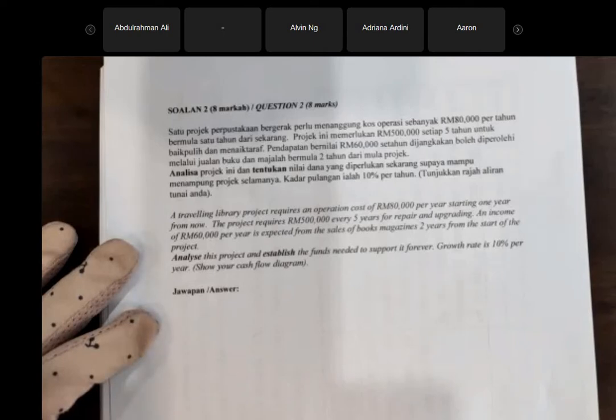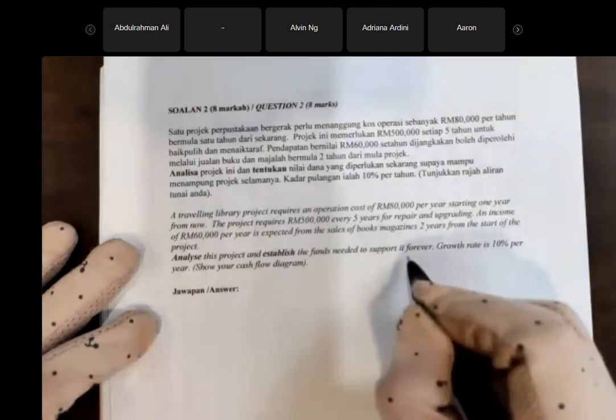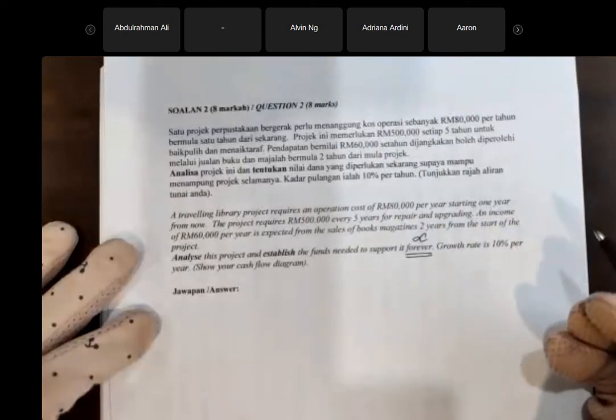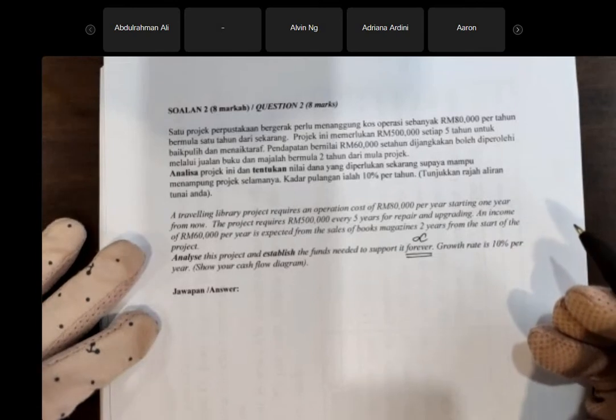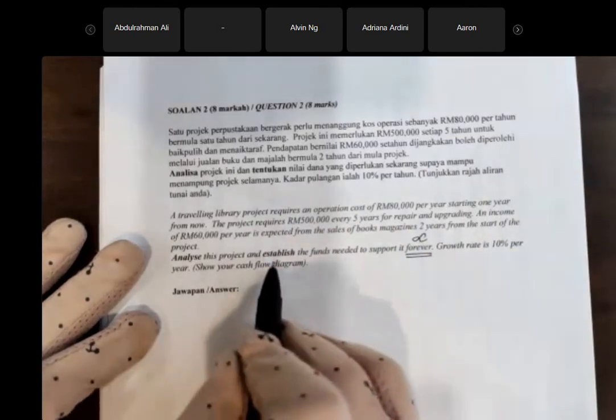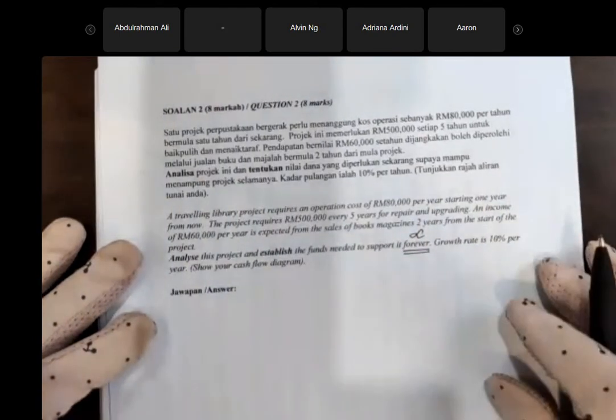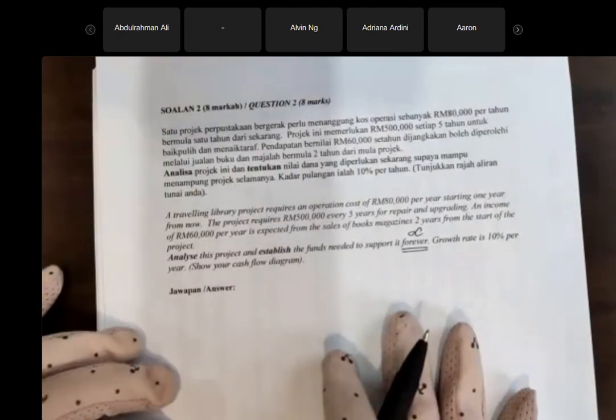An income of 60,000 per year is expected from the sales of books and magazines, 2 years from the start of the project. Analyze this project and establish the funds needed to support it forever. The keyword here is forever. It involves infinity. Growth rate is 10% per year. So show your cash flow diagram before you analyze and comment about what you find here.